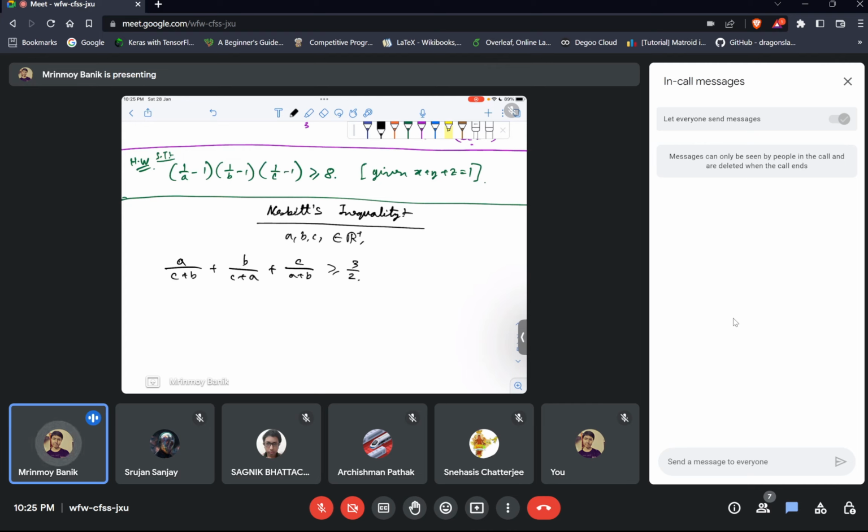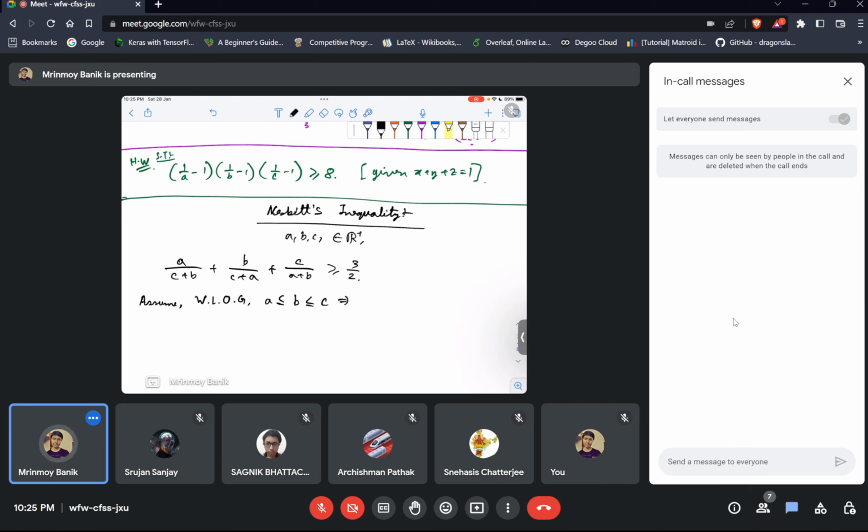So how to show this? We can assume without loss of generality a is less than or equal to b is less than or equal to c.